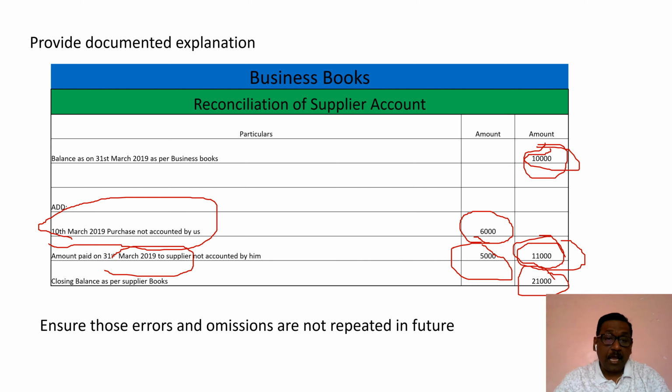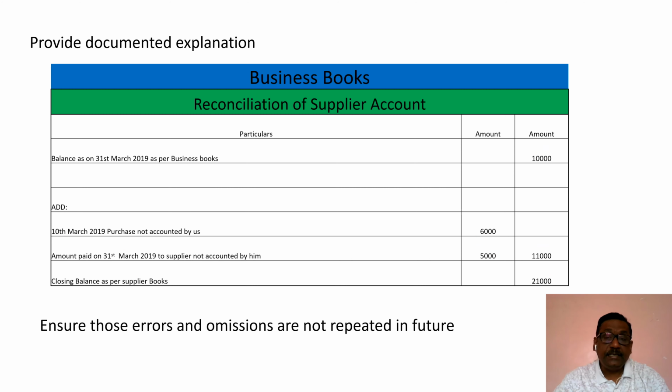So this is how I need to document the differences. Once it is documented, I should make sure to ensure these errors or omissions are not repeated in the future.